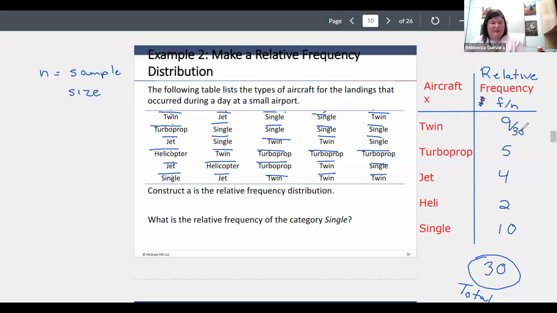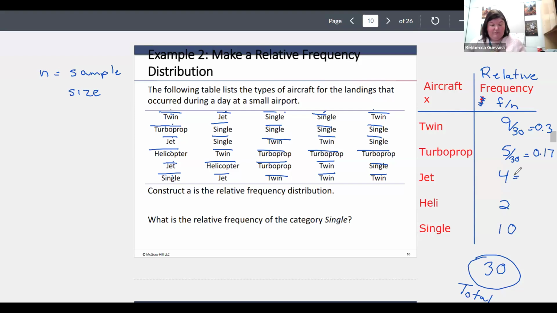So I need to get my calculator going here. 9 out of 30, so that is 0.3. If we do 5 out of 30, well, that relative frequency is 0.16 repeating, so I'm going to say 0.17. We're just going to round it to two places.